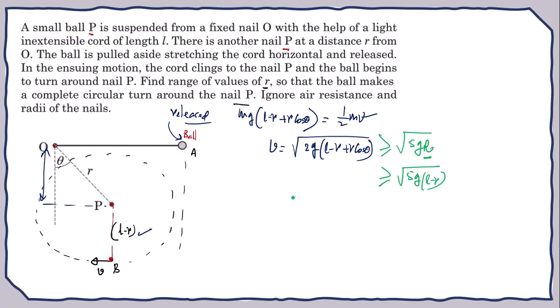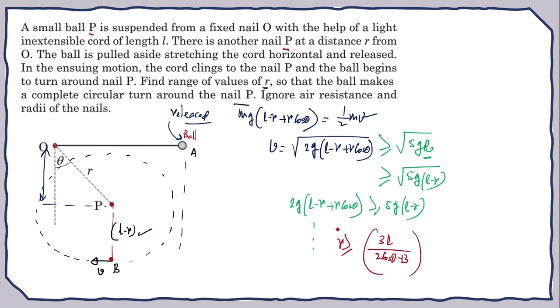Ultimately what I am getting is 2g into L minus R plus R cos theta should be greater than or equal to 5g into L minus R. Okay. Simplifying this, I will get R is greater than or equal to 3L divided by 2 cos theta plus 3.